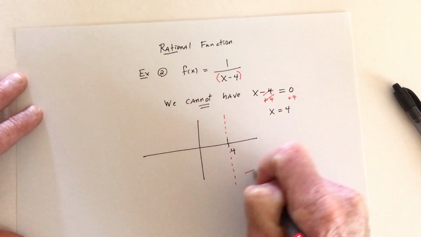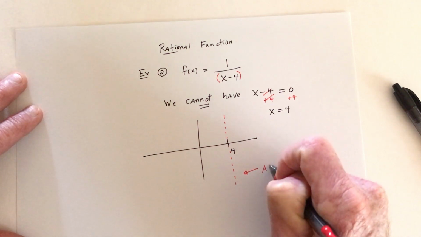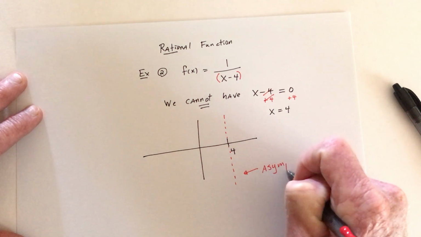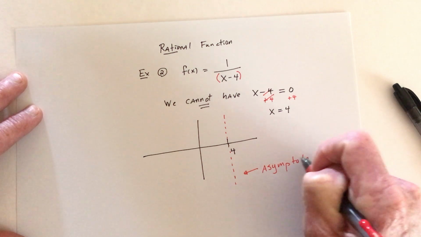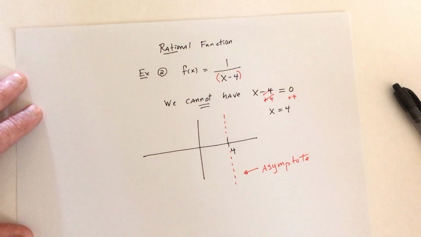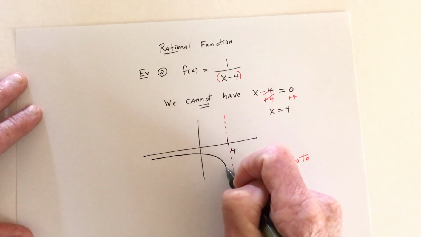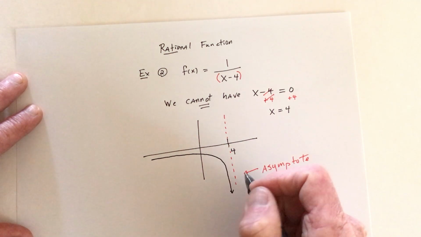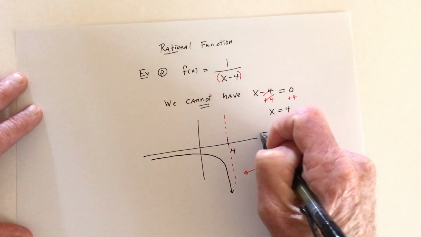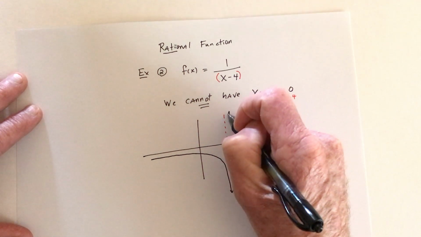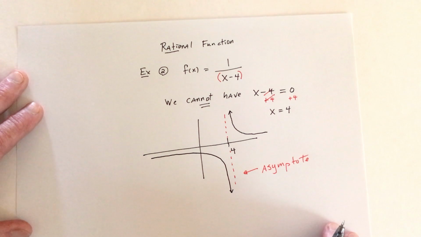And that vertical dotted line is called an asymptote. So that's where the function is undefined. And then the left side went like this, and it's going down to negative infinity. And then the right side went like this, and this side's going up to positive infinity.